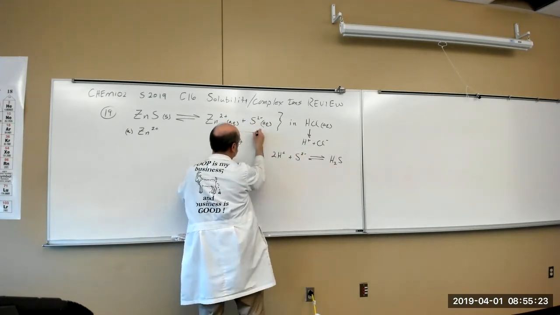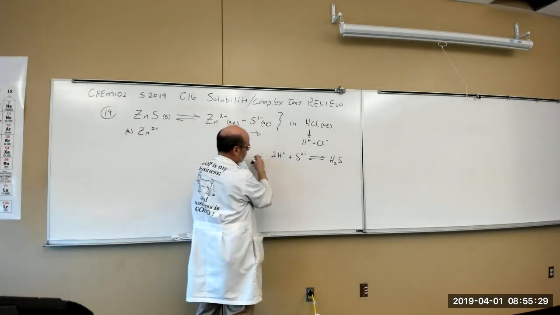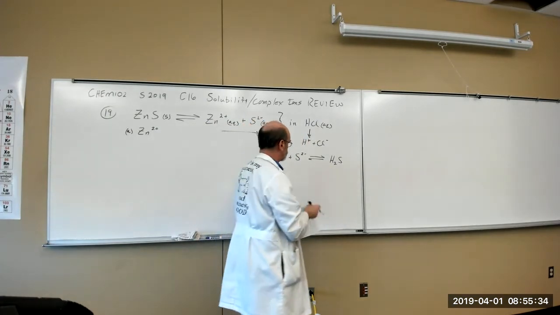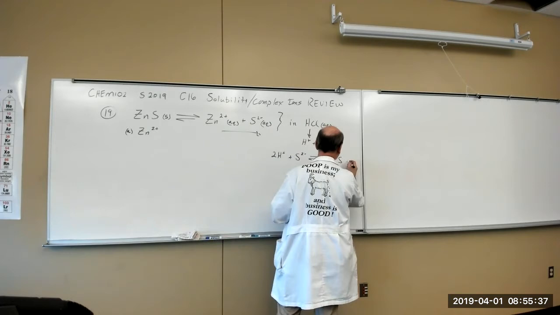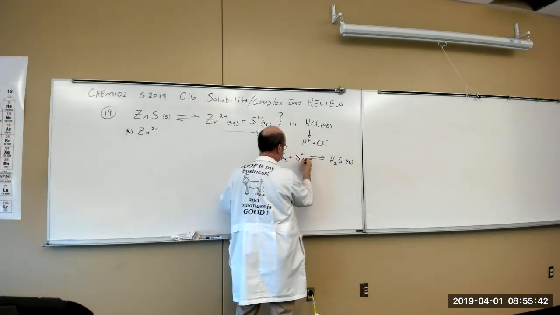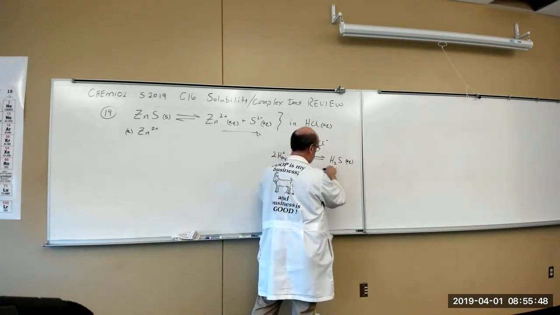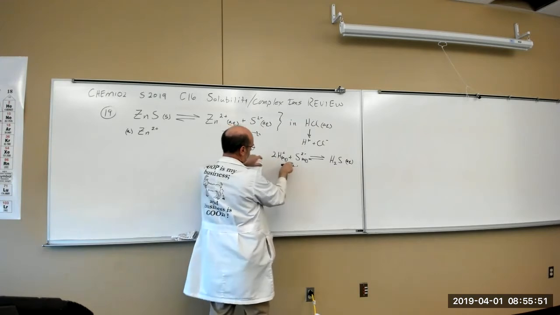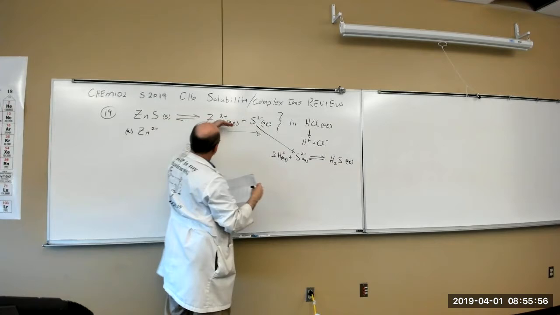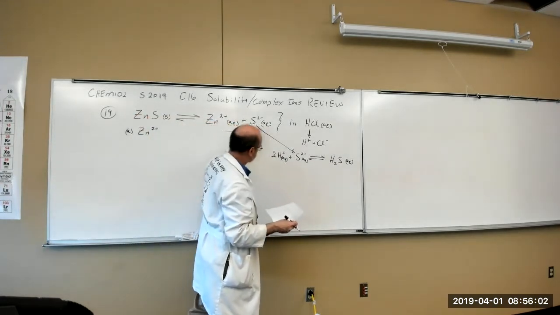So it drives the reaction that direction as it pulls this out of solution and makes H2S. Now H2S could be soluble. In fact, it is. But so are these. And this is an equilibrium situation between these ions and that soluble compound. So in the process, it puts more of this in solution as you draw this out of solution.